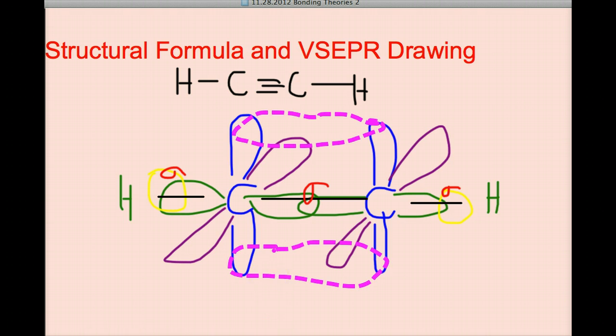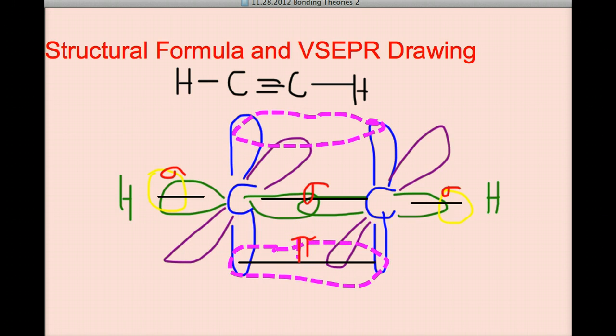Sometimes the electrons may move that bond up here, but since these bonds are not on the same axis, they create these two different orbitals. These are not sigma orbitals, these are pi orbitals. So let me write that in. Here's my pi orbital.